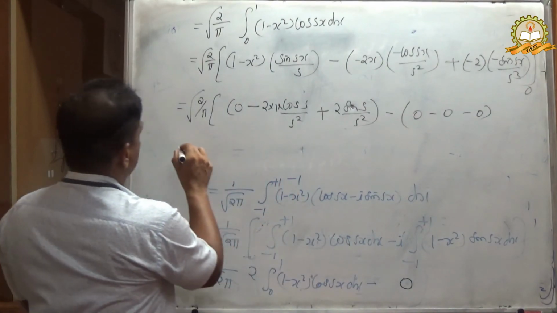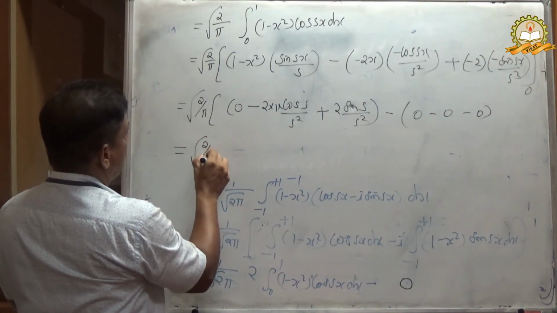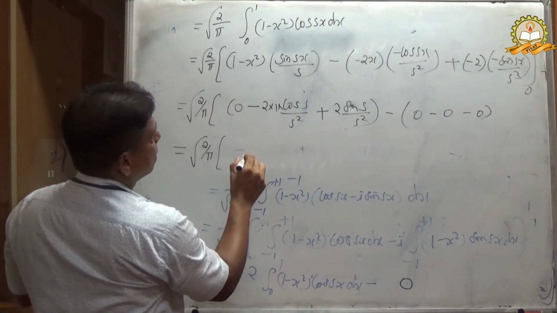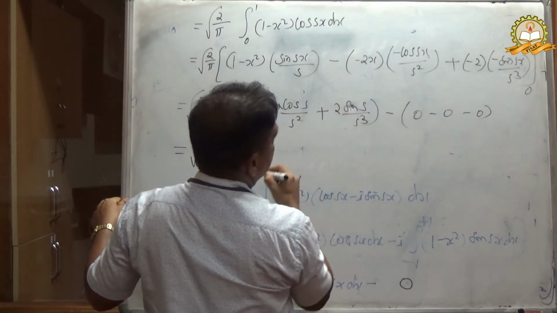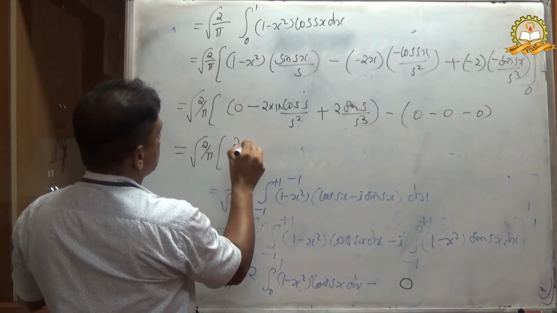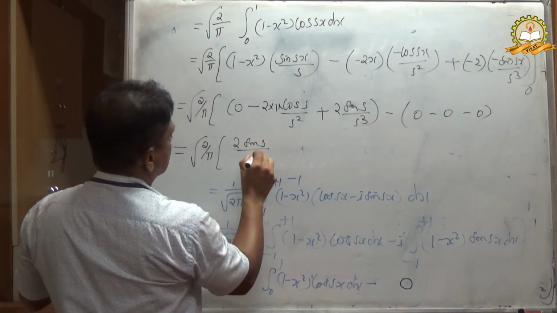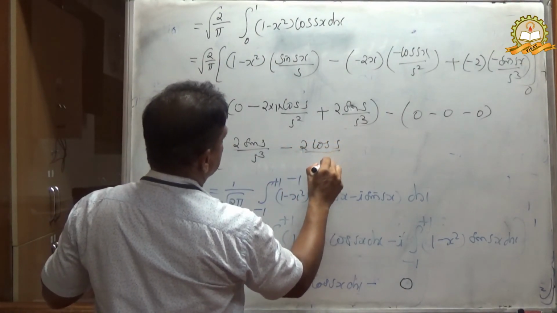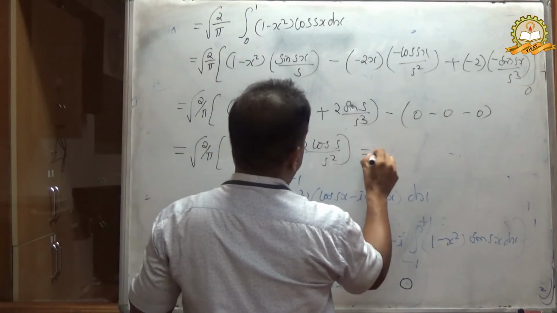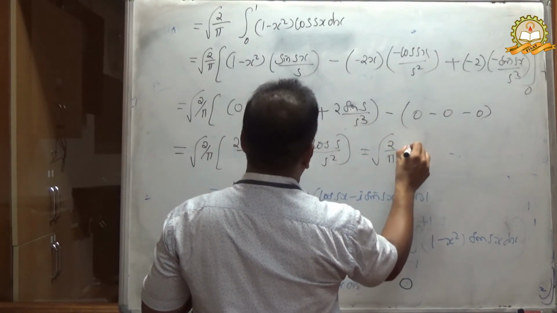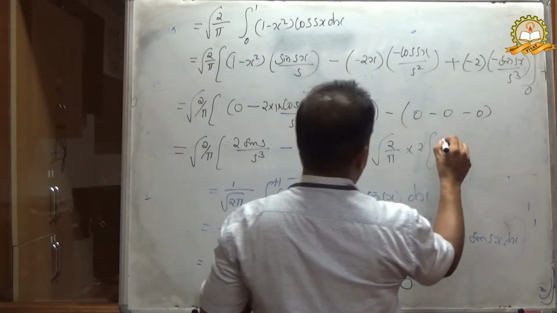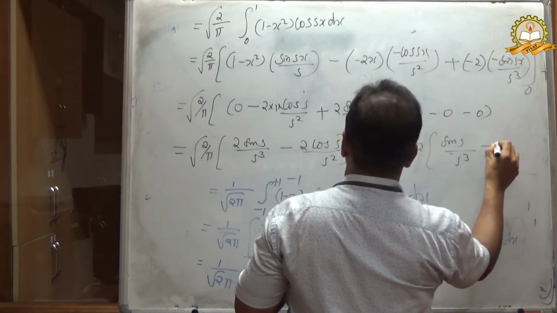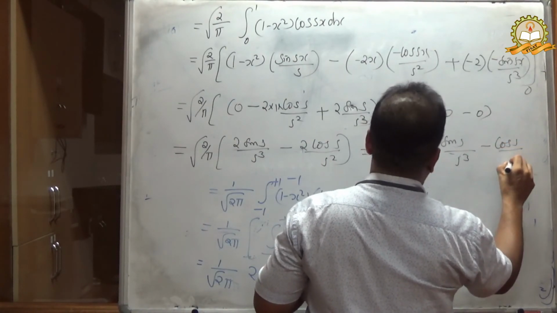Therefore, our result will be root of 2 by pi, 2 sin s by s cube minus 2 cos s by s square. We can take root 2 outside: 2 into sin s by s cube minus cos s by s square.